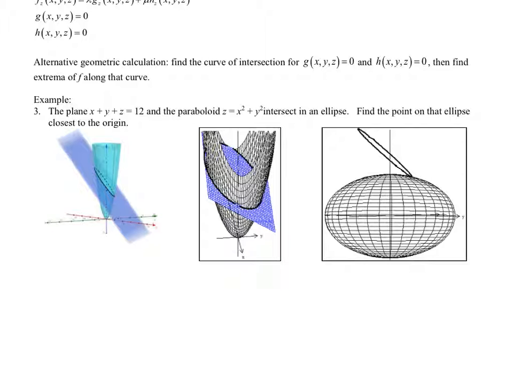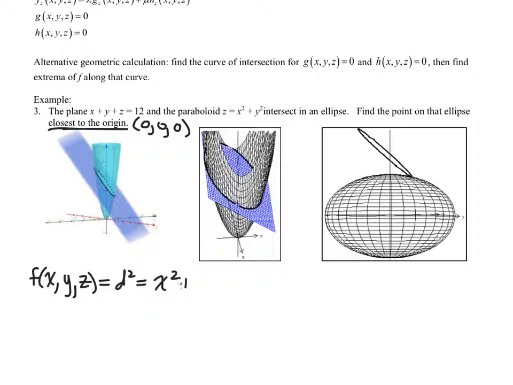So I'm going to say f of x, y, z is equal to d squared, which is equal to, now this is the good news, closest to the origin. The origin has coordinates 0, 0, 0. So x minus 0 squared, x squared, plus y minus 0 squared, y squared, plus z minus 0 squared, z squared. All right. So from this, I can establish my partials.